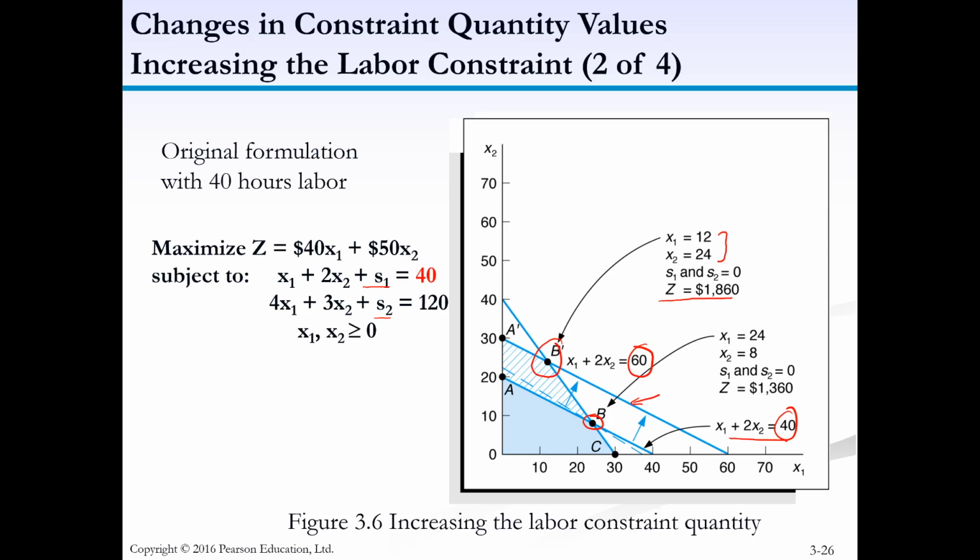S1 and S2 are equal to 0. So both variables are in the solution mix, and S1 and S2 are both 0.